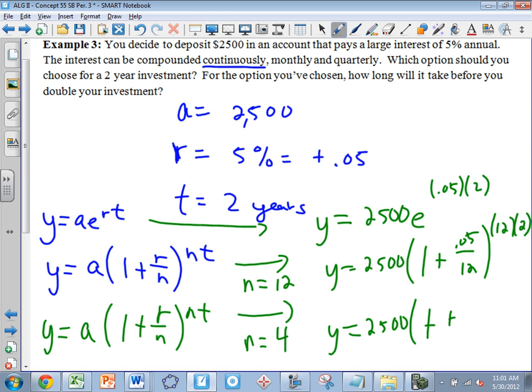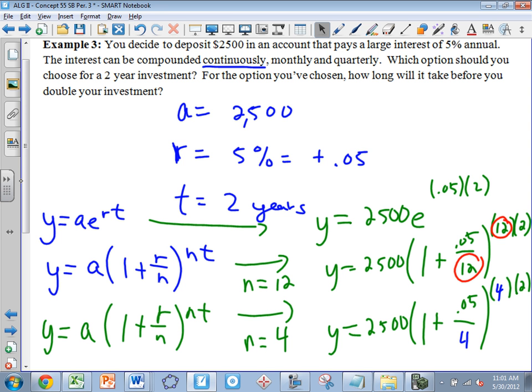That's not a plus plus, but a 1 plus. The only difference you're going to see is this. You now have a 4 here and here. Everybody see that difference with the 12? When it's monthly, you have the 12 here and here. When it's quarterly, you have the 4 in both spots.